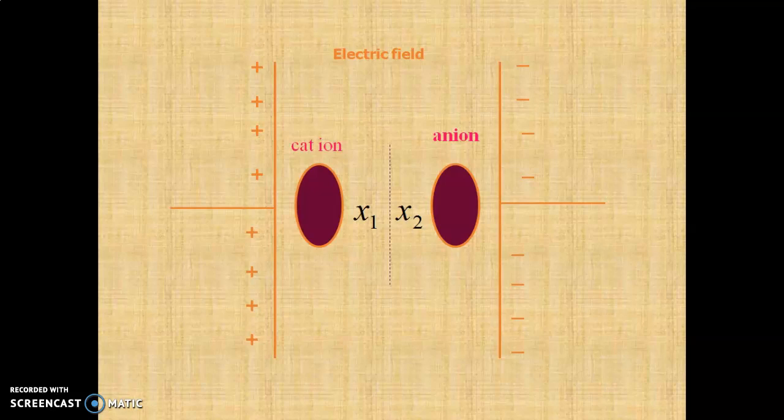Already we have seen that in electronic polarization, once you apply the external field, the Lorentz force tends to pull the positive and negative charges away from their equilibrium position. Here also, the anion and cation move away from the equilibrium position, and it is unstable because we are acting against the nature of the bonding of the anion and the cation.